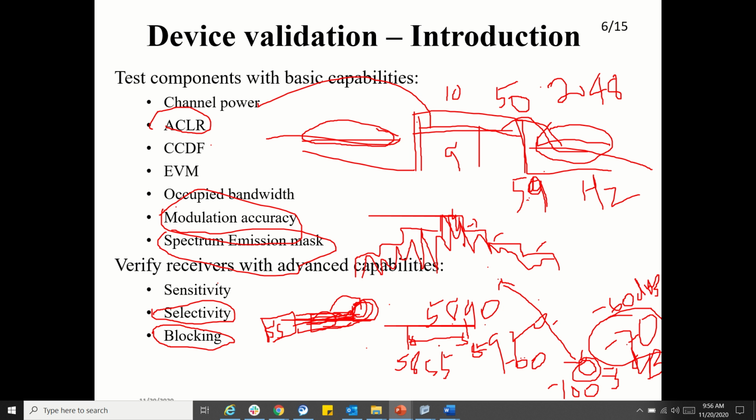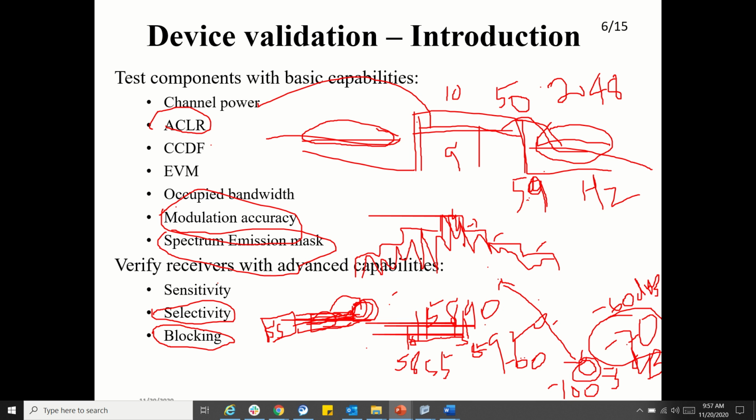I am sending an interference signal with a certain power level, for example minus 44 dBm. I am sending the throughput data through the frequency 5890, and I am sending interference at 5860, 5900, 5880, and 5915.